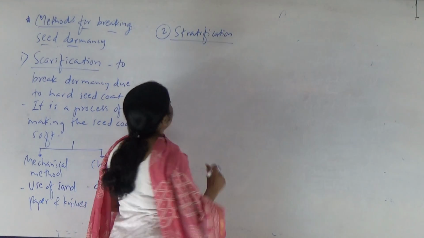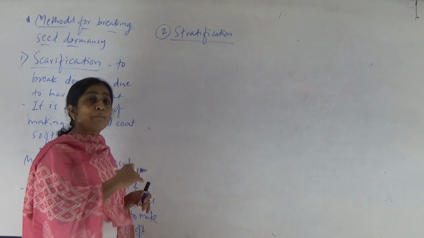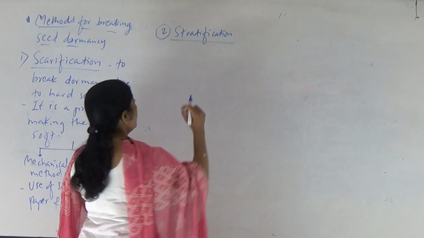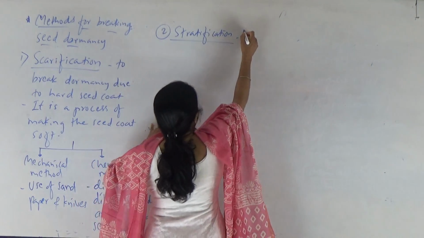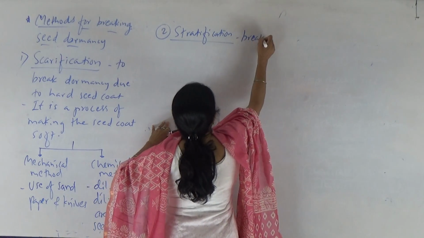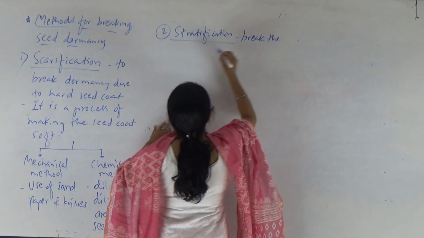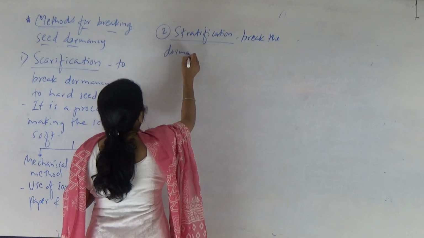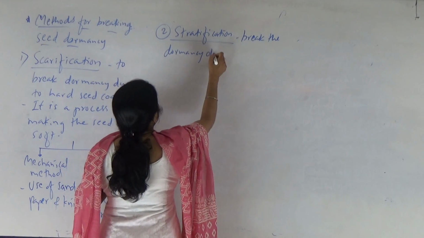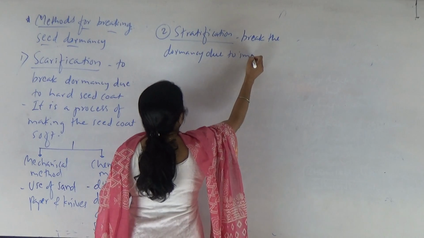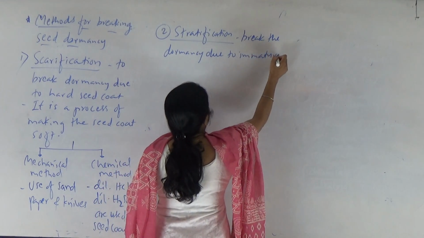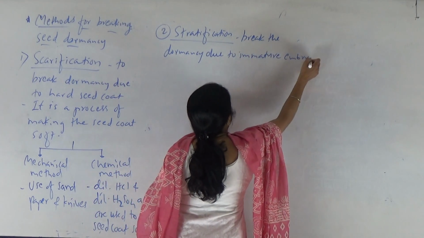Stratification is the method which is used to break the dormancy which is due to immature seed embryo, right? So stratification breaks the dormancy due to immature embryo.